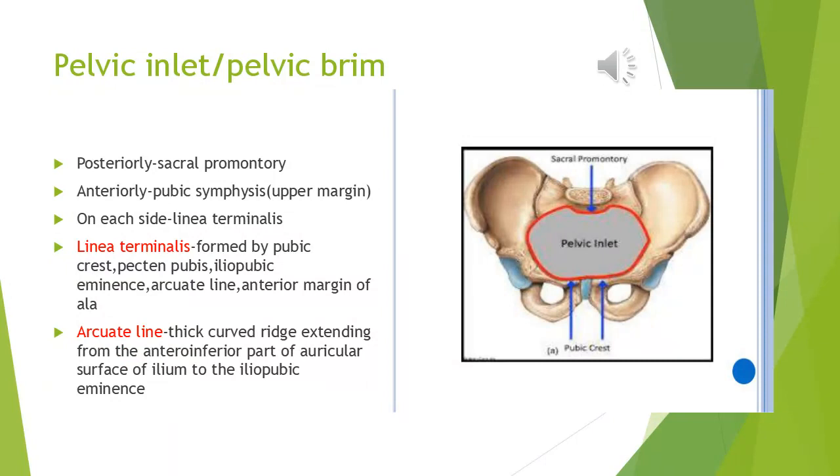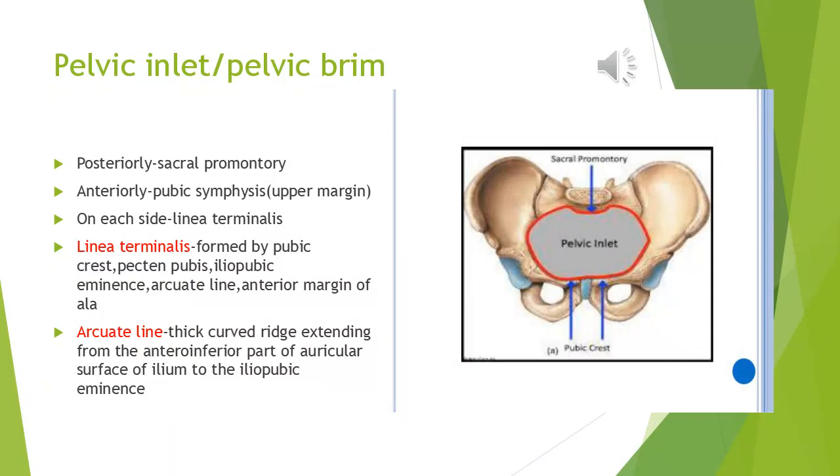So what is this linea terminalis? It is a continuous line extending from the ala of the sacrum, that expanded portion on either side of the body of the first sacral vertebra. Connecting the ala of the sacrum, you then come across the arcuate line.